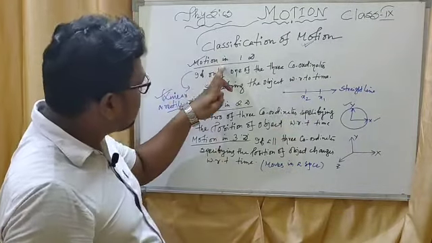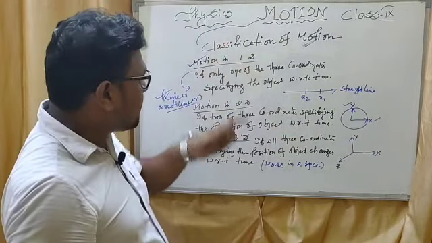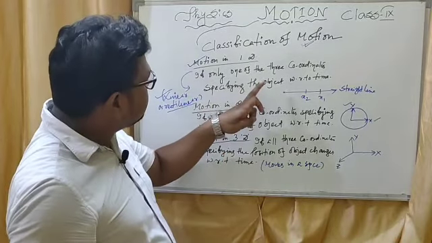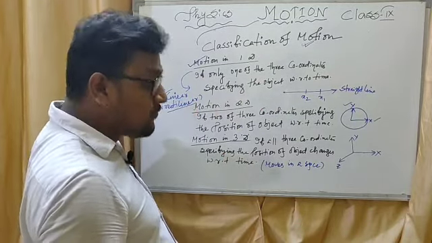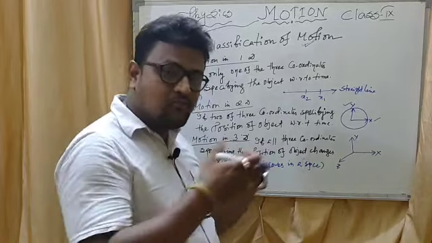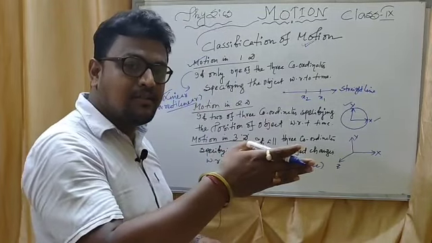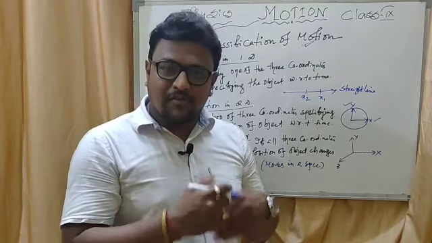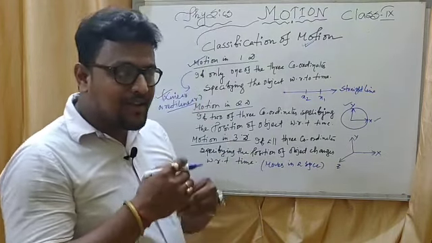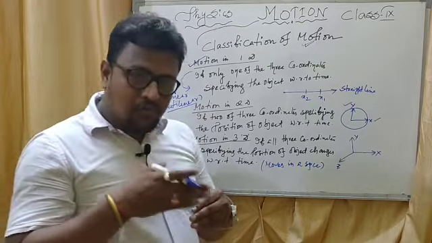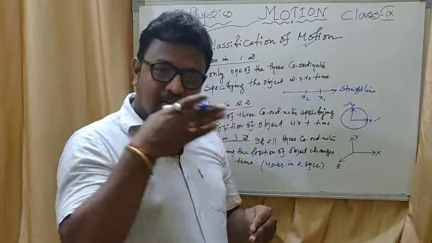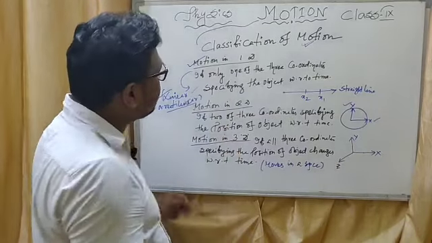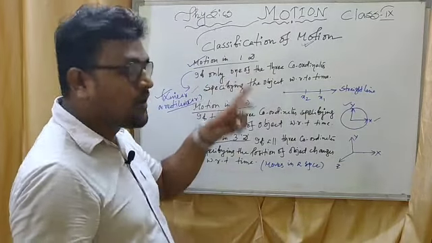First of all, motion in 1D: out of three coordinates, only one specifies the object moving from rest to moving along a particular straight line. For example, at a railway station, on a railway platform, when a train moves in a straight line direction, that is the concept of linear or rectilinear motion, meaning motion in 1D.